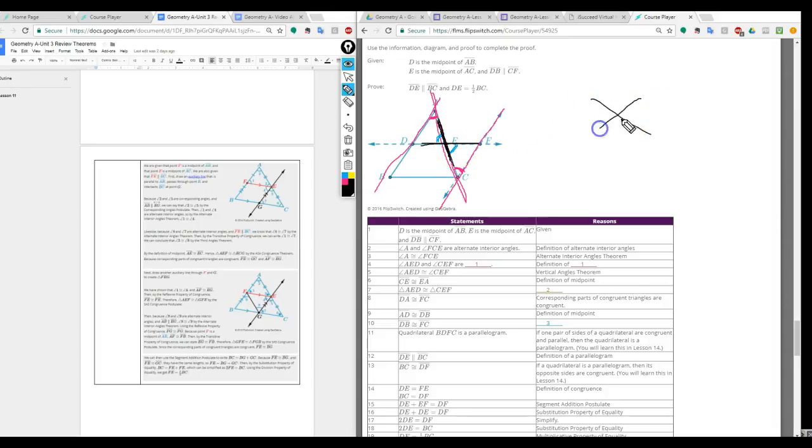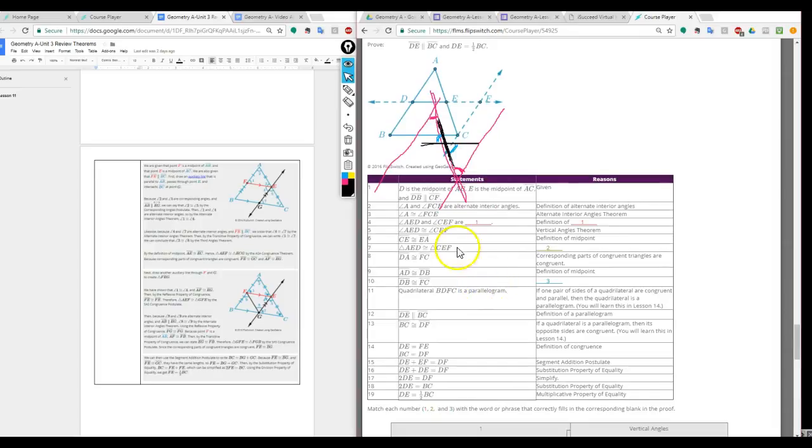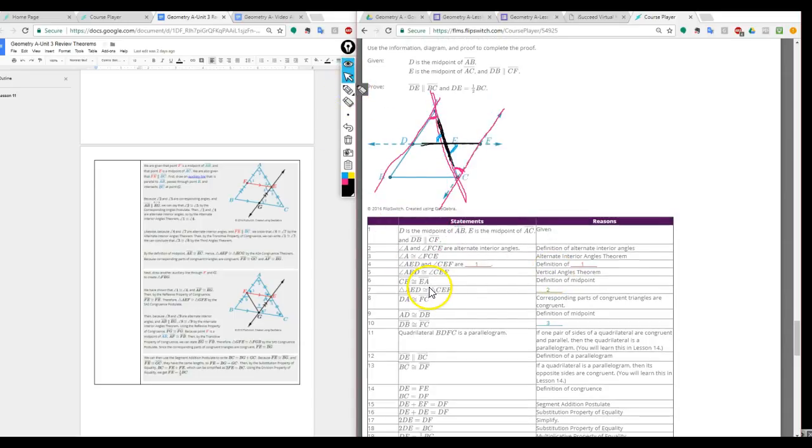Anytime you have an X created by two lines that are crossed, vertical angles are formed, and they're the ones that are opposite sides. So these two angles would be vertical angles, and then the ones up and down would be vertical angles to each other. So blank 1 is going to be vertical angles. And then they state that the two angles are congruent because it's the vertical angles theorem. And now they're stating, if we look at reason 2, the statement is triangle AED.